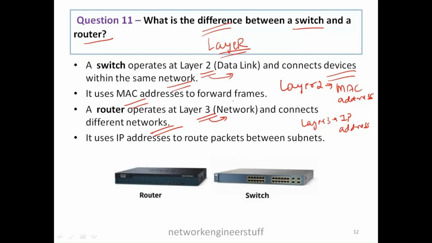So it uses MAC address to forward frames. And since the router is a layer 3 device, it uses IP address to route packets between subnets or between networks. So this is another difference. So guys, you can answer in this way the difference between a switch and a router. So let's move to the next question.